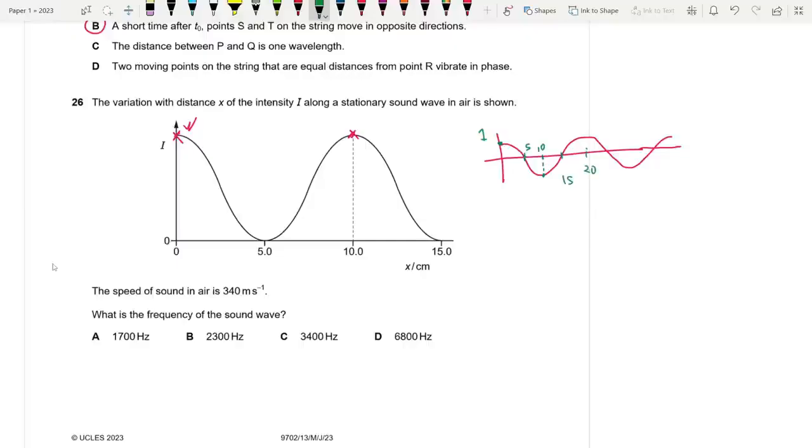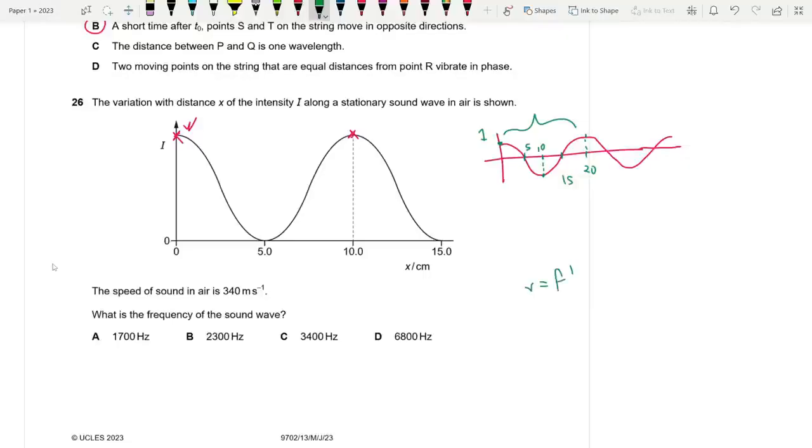So this should probably be 20. So it changes by 5 every time. 5, 5, 5, 5. Okay, so we can find out the wavelength, the shortest distance between two points in phase. That is actually 20 centimeters according to the diagram I drew.